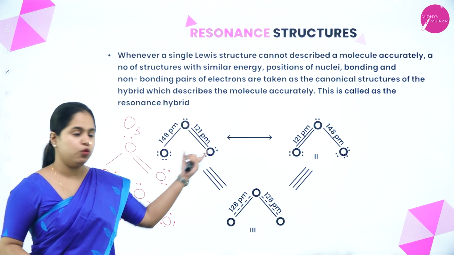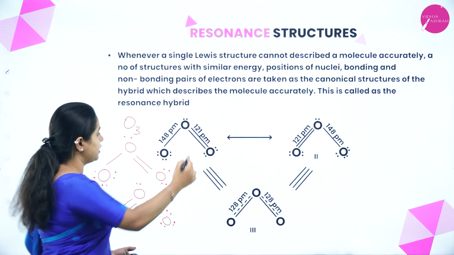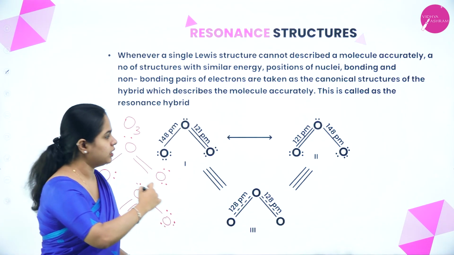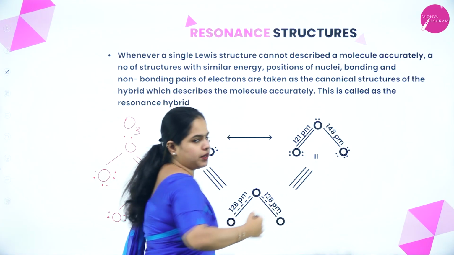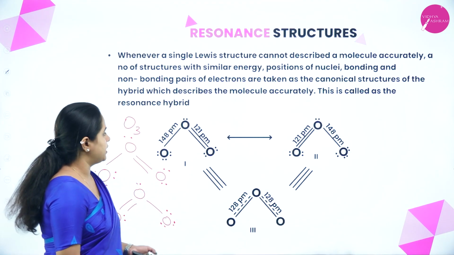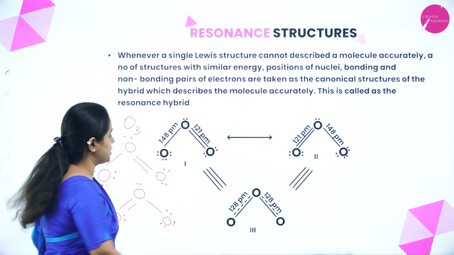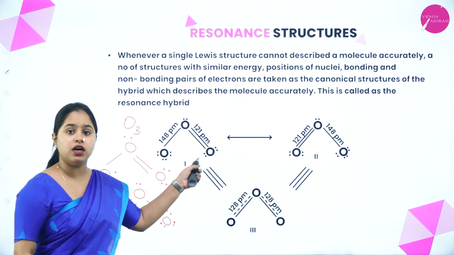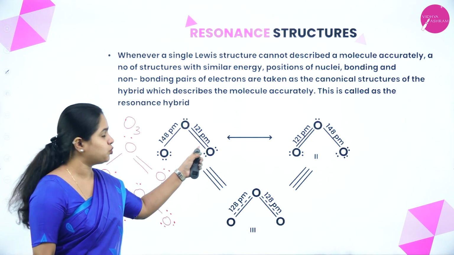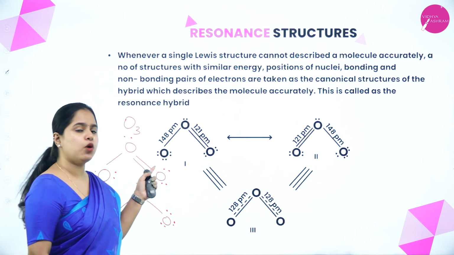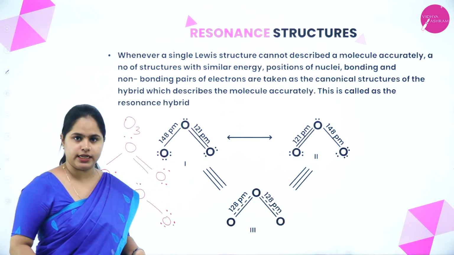Now moving on to the diagram which I have shown here. This is one representation and this is another representation that you can see here. What you have to understand is that in the first structure, the double bond has a bond length of 121 picometer and the single bond has a bond length of 148 picometer.